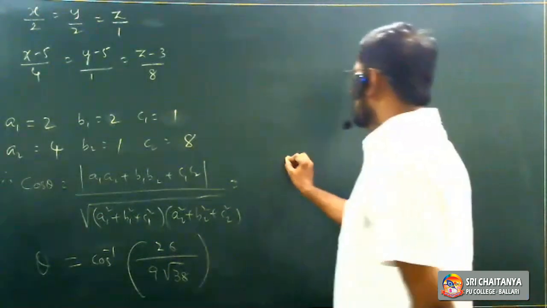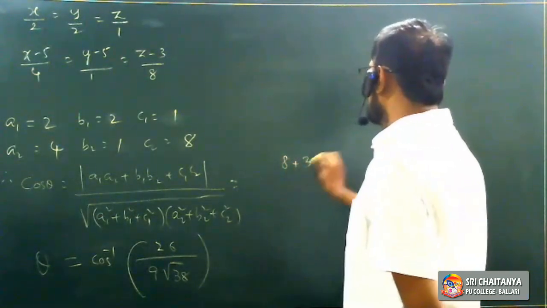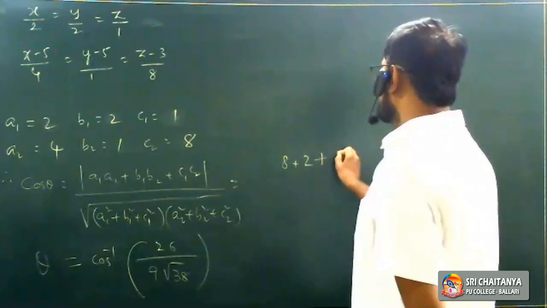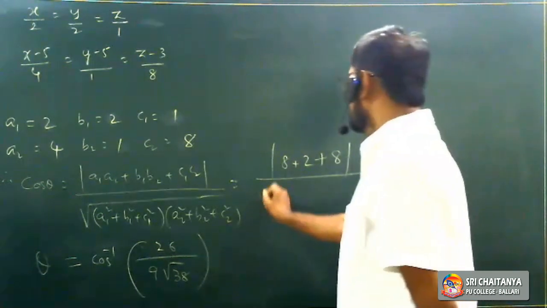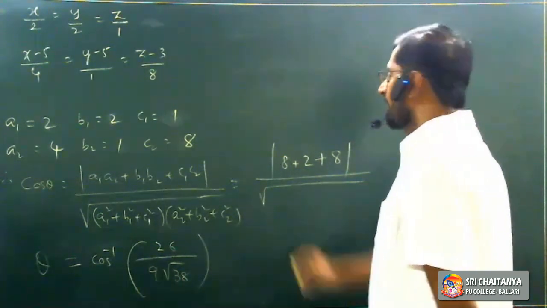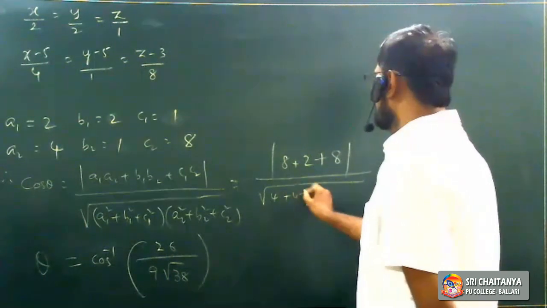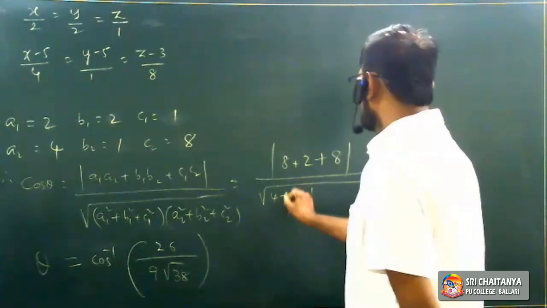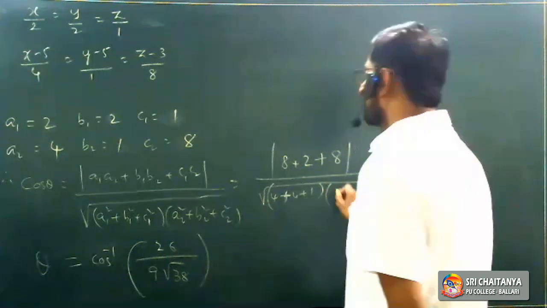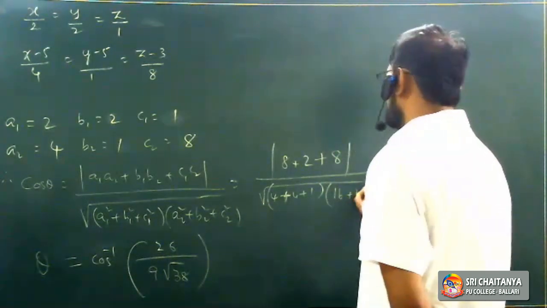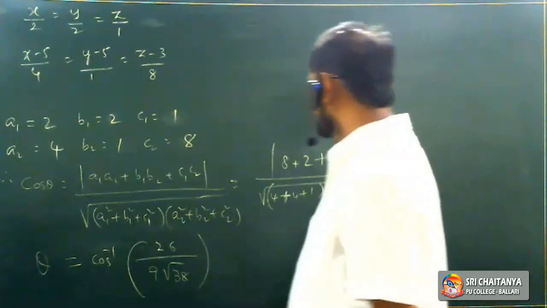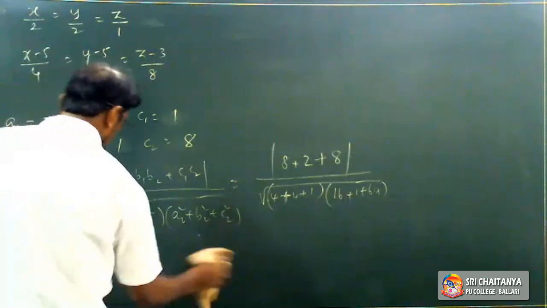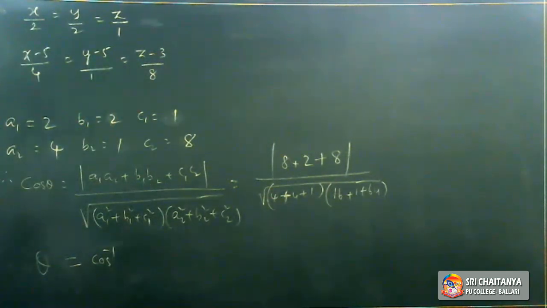You are going to get 8 plus 2 plus 8 under mod upon root of 4 plus 4 plus 1 into 16 plus 1 plus 64. After simplification, whatever the answer you got, that will be the final.